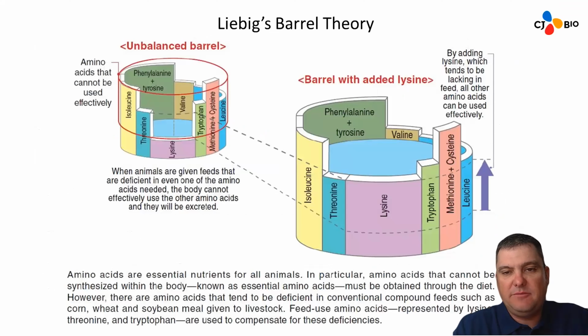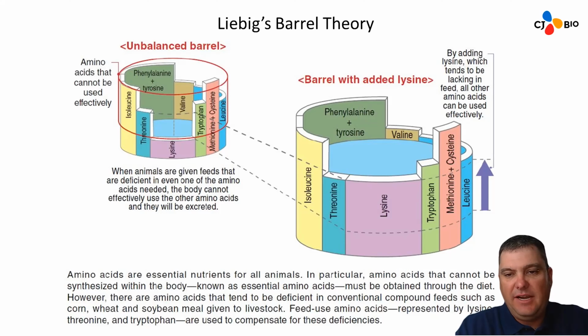I'm sure the vast majority of the attendees have seen this schematic or diagram, the barrel theory. Here in an unbalanced barrel, where we do not have any added lysine in this diet, lysine being the first limiting amino acid in particular for this example, we see excesses of the additional essential amino acids: threonine, isoleucine, valine, tryptophan, and so on and so forth.